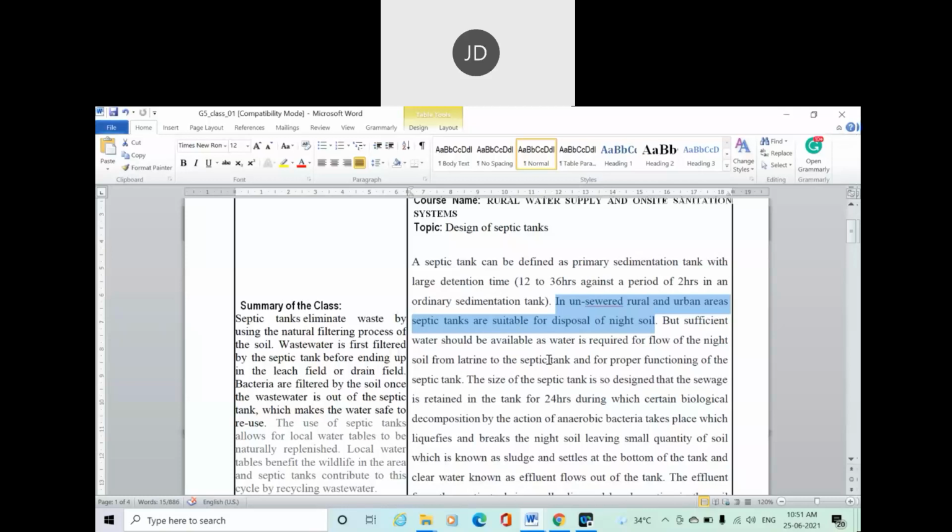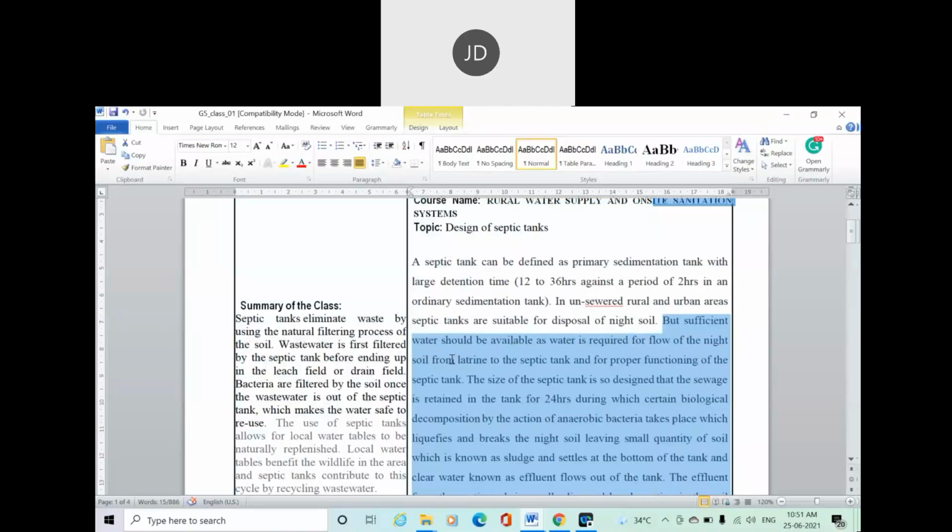If you use a flush type latrine in your own domestic use, the water takes the waste along with it and directs the waste to the septic tank. So we require water for the septic tank.